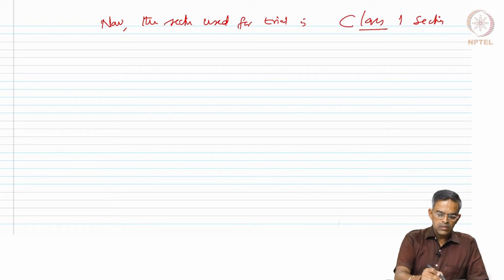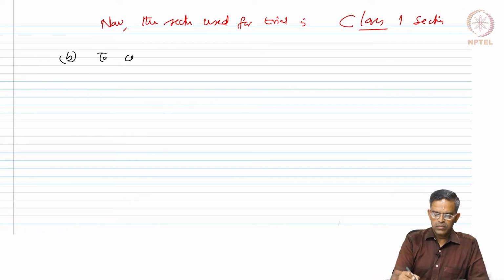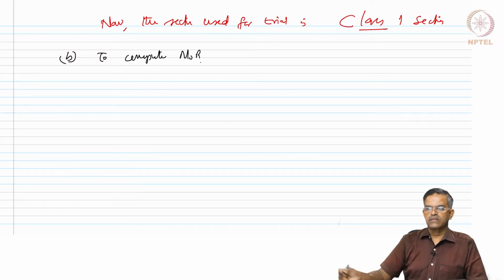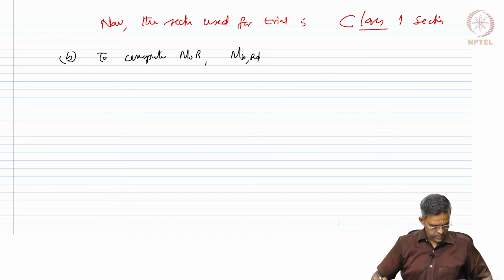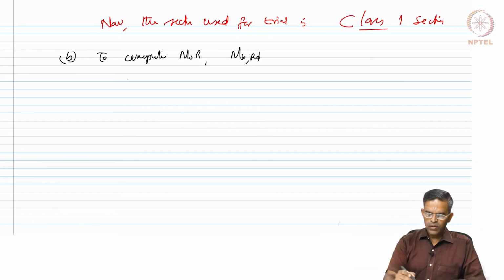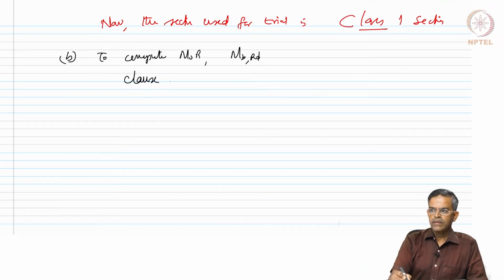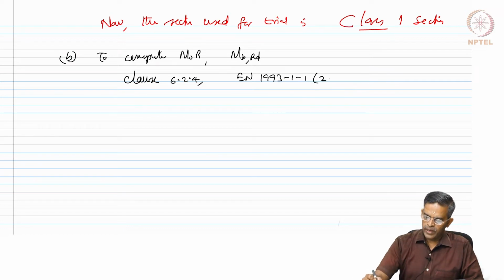Now, let us do the second step, which is to compute the moment of resistance, which is MBRD. We will use clause 6.2.4 of Eurocode 1993-1-1 2005.